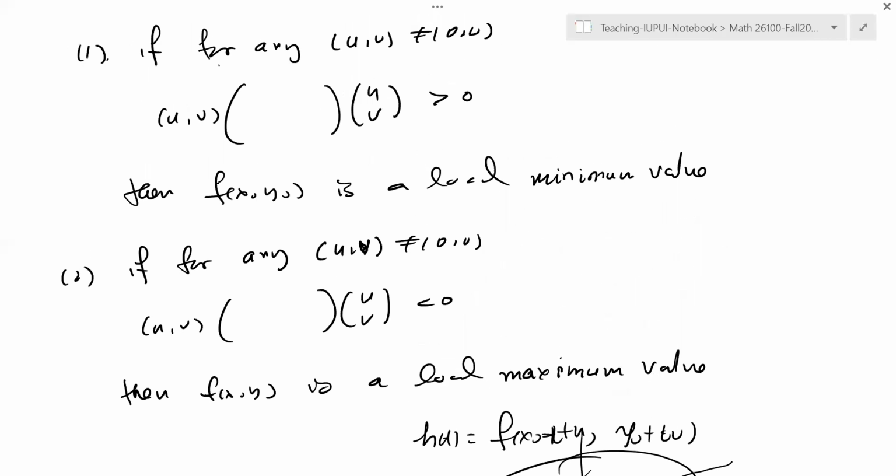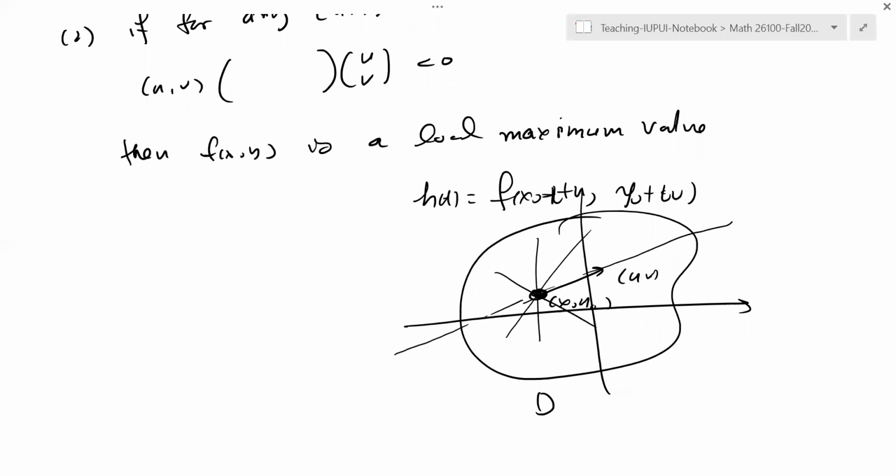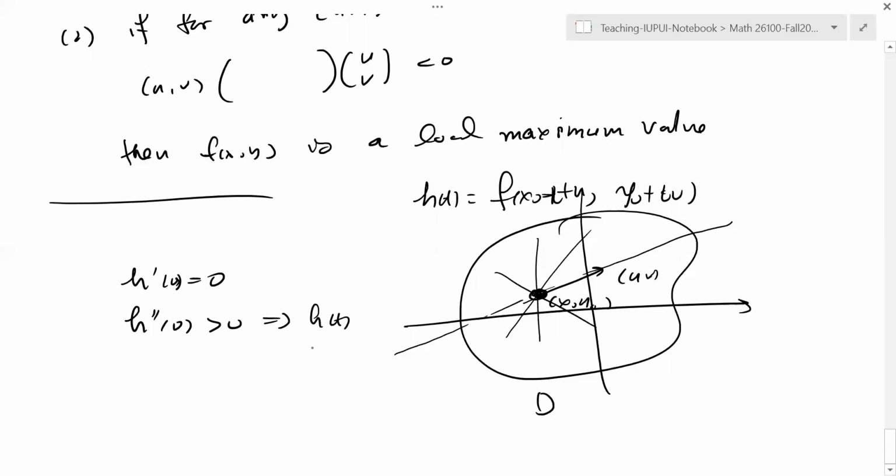The first condition is just the second derivative of h, right? So h double prime is going to be positive, which implies h(t) is greater than h(0) for t not equal to 0, close to 0.